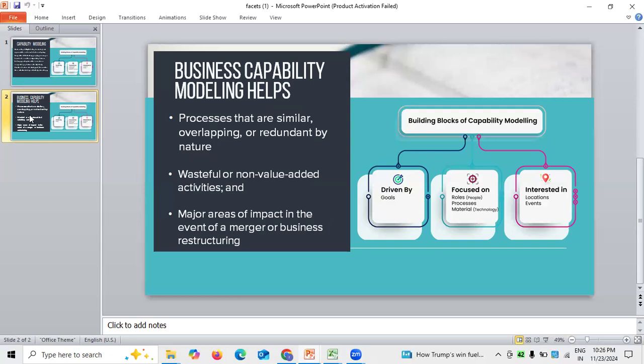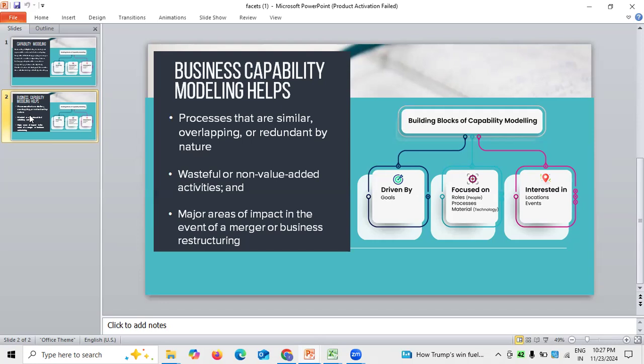That is one thing which will majorly be helpful for healthcare organizations. Next, wasteful or non-value-added activities can be reduced here. Followed by this, there are the major areas that are impacted in the event of merging of any business or any kind of restructuring we do in healthcare. At that time, business capability modeling is helpful to you.